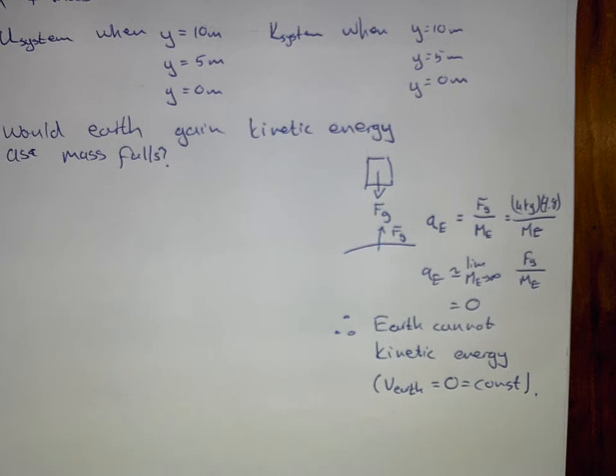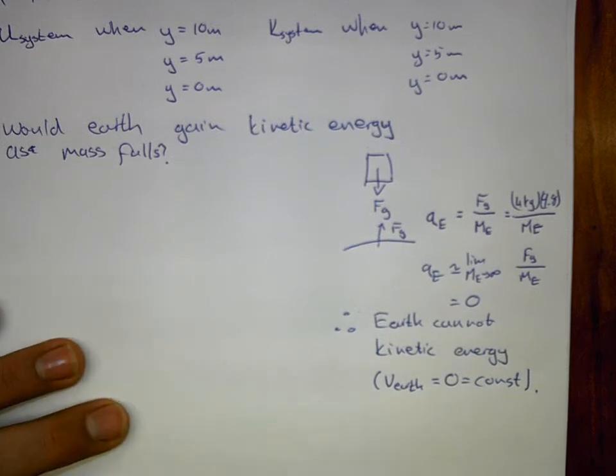No acceleration means no change in velocity. No change in velocity means no gain in kinetic energy. If we assume we can define a frame in which the Earth is at rest, it will remain at rest in that frame for the entire problem.